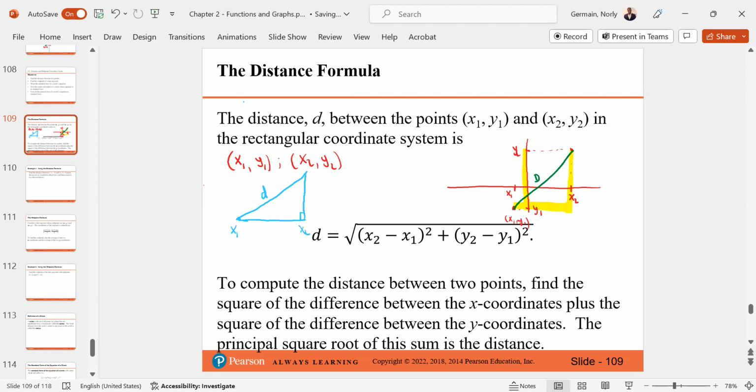That distance right here represents x2 minus x1, and that distance right here represents y2 minus y1. Remember how the Pythagorean theorem works.